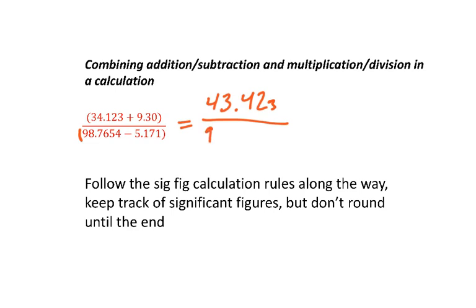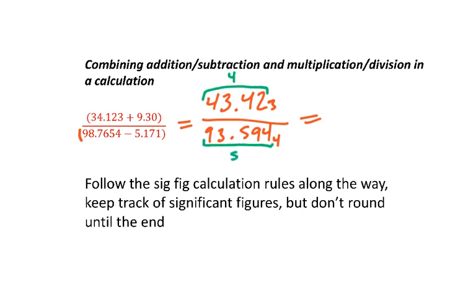The subtraction gives me 93.594 with a little 4, because I have 4 places after the decimal here, 3 here, so only keeping 3 if I was done, but I'm going to keep the extra one around just so I don't round until the end. Now I can do the division, and I can see that this number has 4 sig figs.